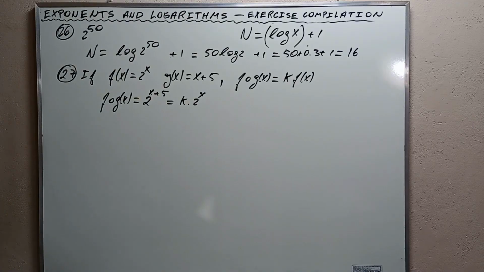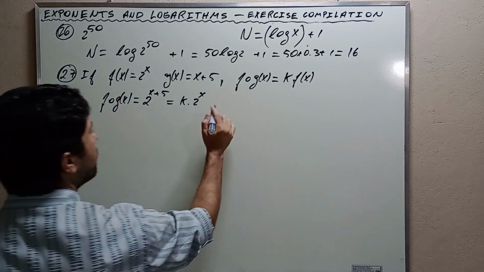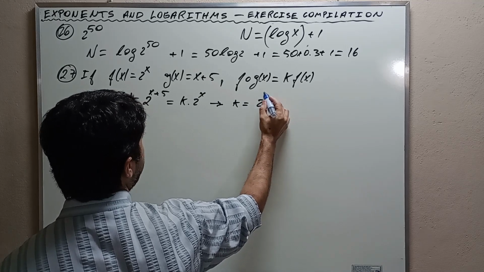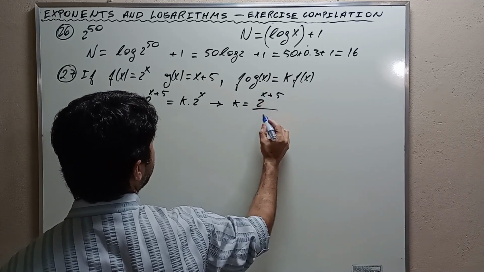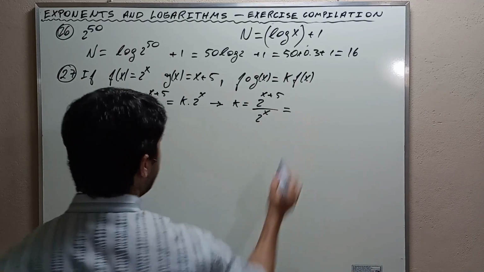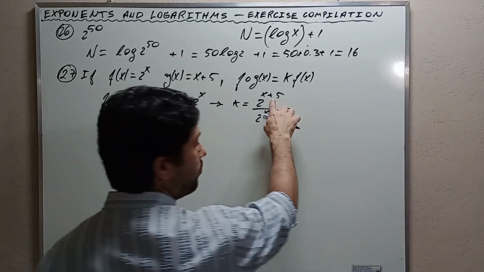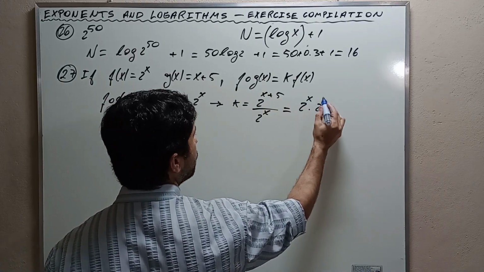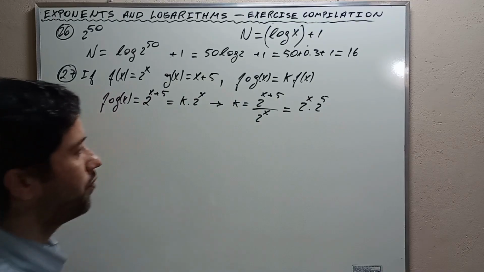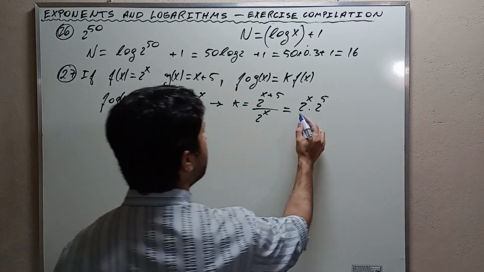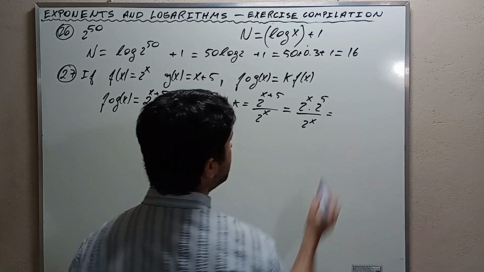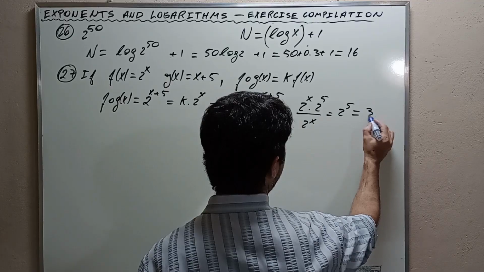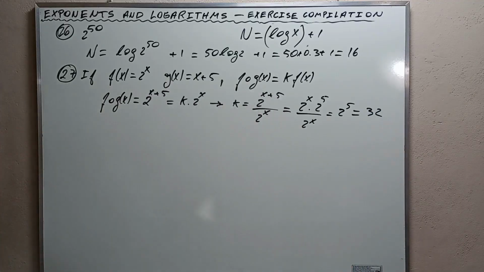And in this way, we pass this dividing, we find that k is equal to 2 raised to the power of x plus 5 divided by 2 to the x. And this is equal to, separating here, 2 to the x times 2 to the 5th power divided by 2 to the x, which is simply 2 to the 5th, and 2 to the 5th is equal to 32.